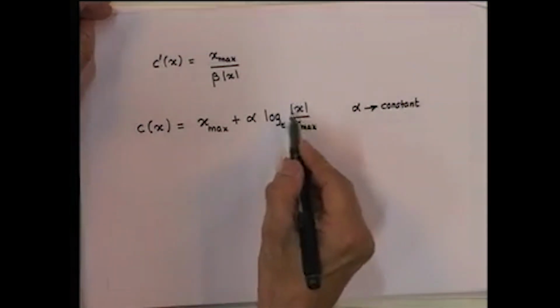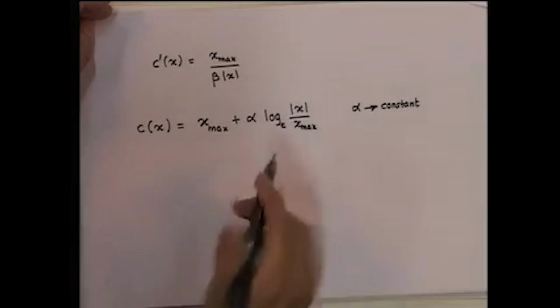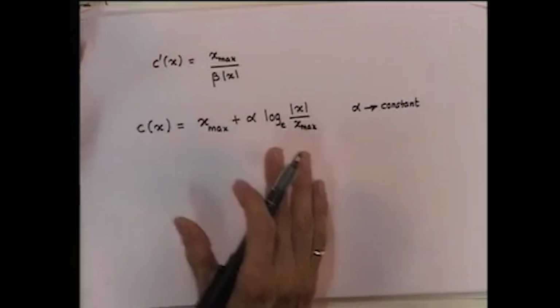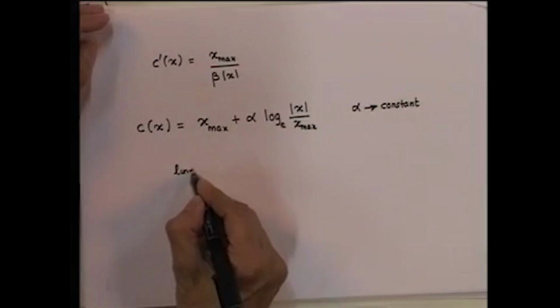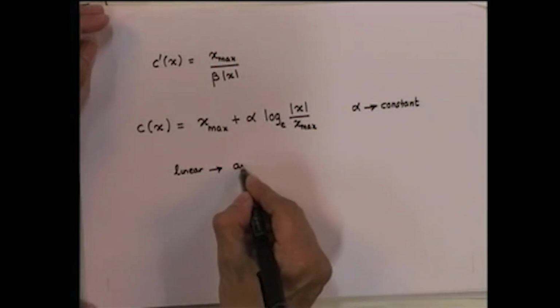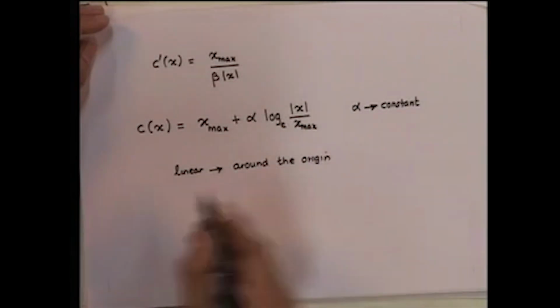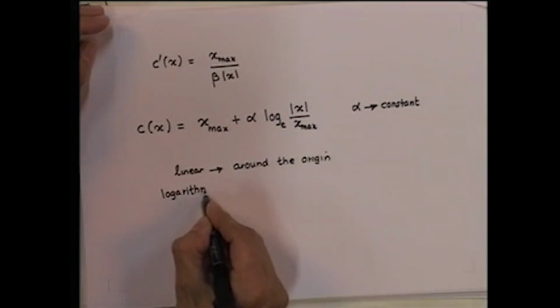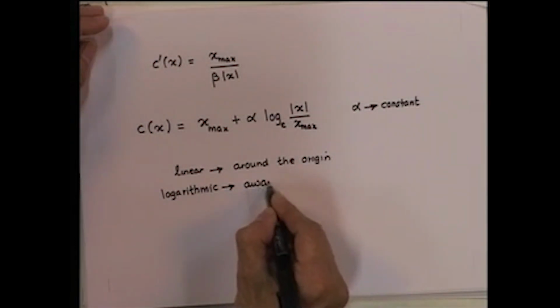Now, for small x, C(x) assumes a very large value. Therefore, in a practical situation, to avoid this technical difficulty, the compressor characteristic is approximated with a function which is linear around the origin and logarithmic away from the origin.